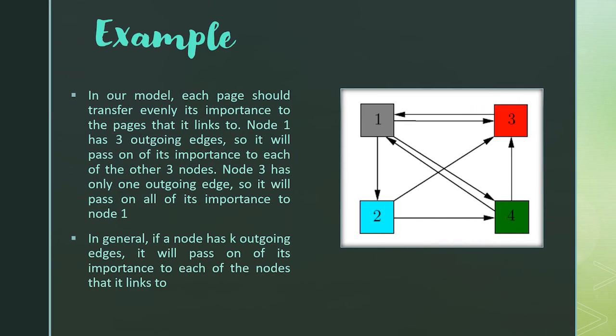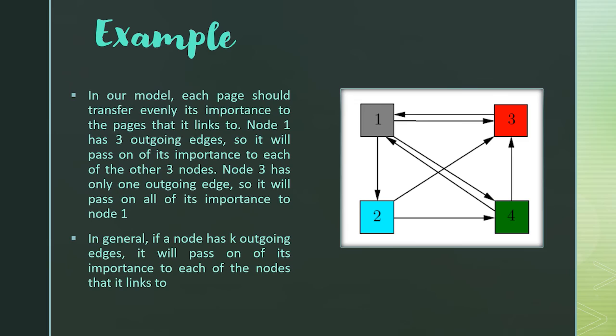Now, we have 4 web pages which are nodes, and as you can see, there are outgoing arrows and ingoing edges. For example, node 1 has 3 outgoing edges. In our model, each page should transfer evenly its importance to the pages that it links to.